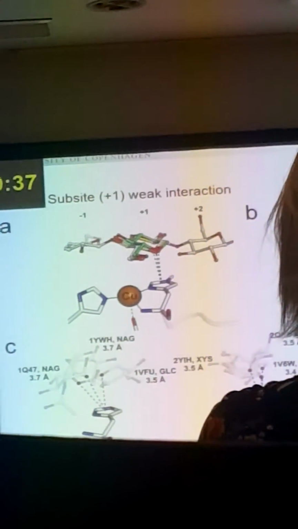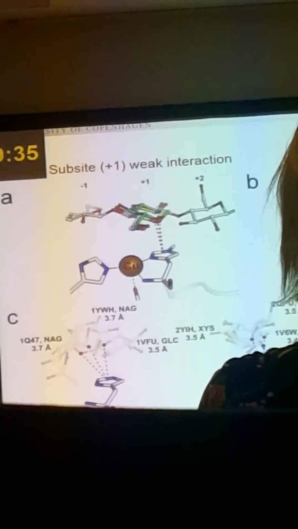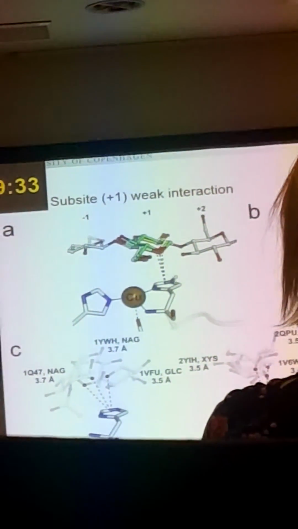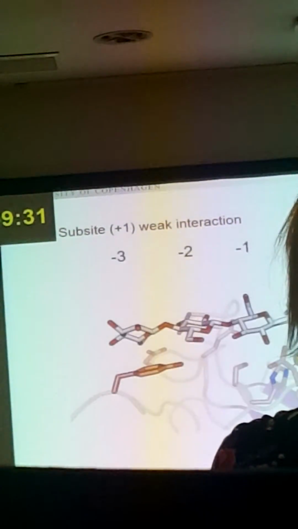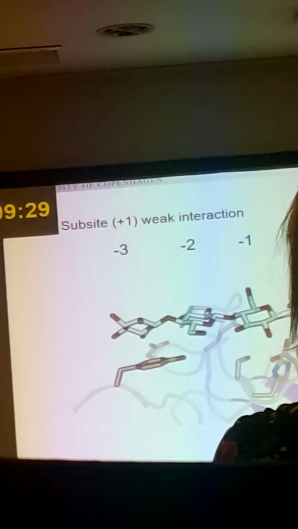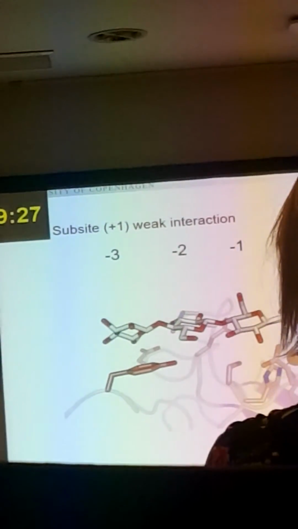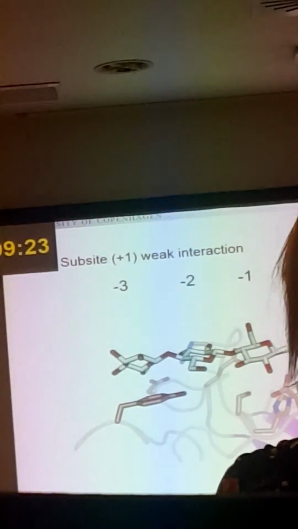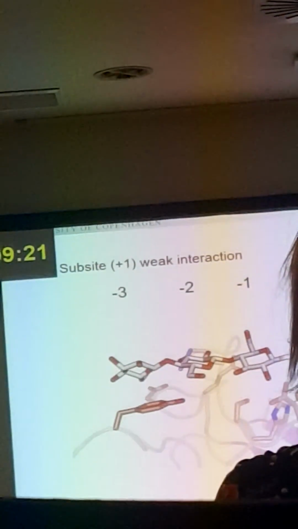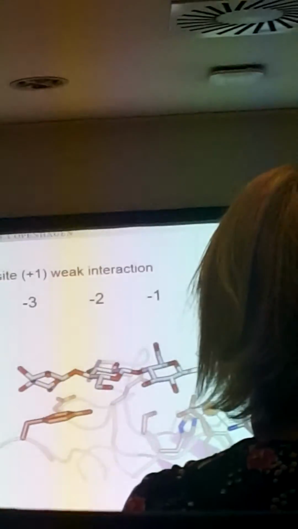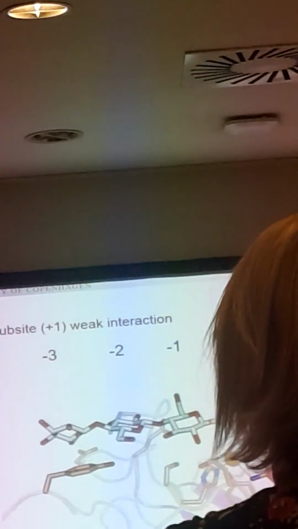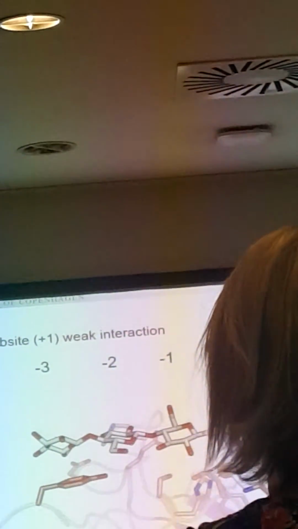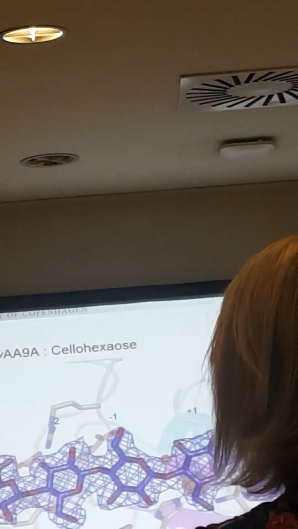By now, most of them are from already solved complex structures of LPMOs. So we thought that this might be too weak an interaction to keep those onto the surface, at least for the CV structure. So what might be happening is just that it's flopping around a bit, making it invisible to the electron density.